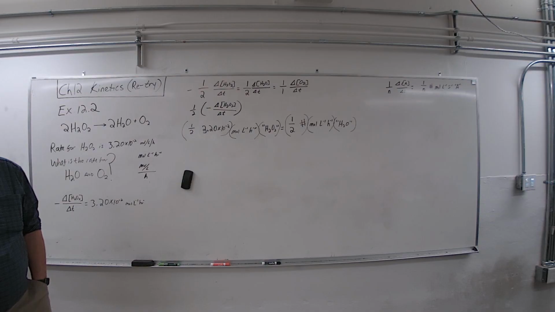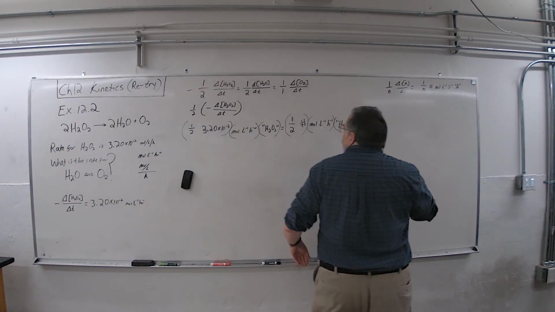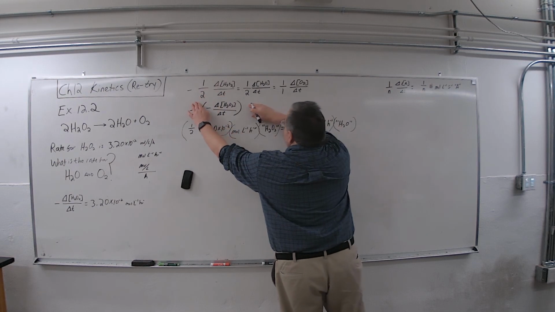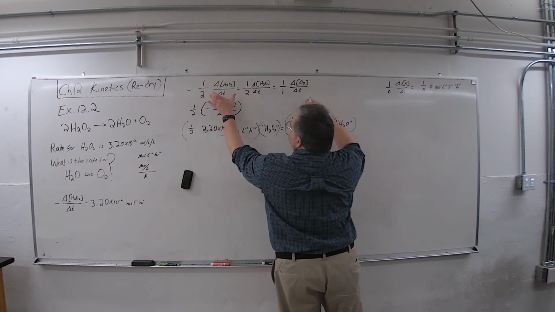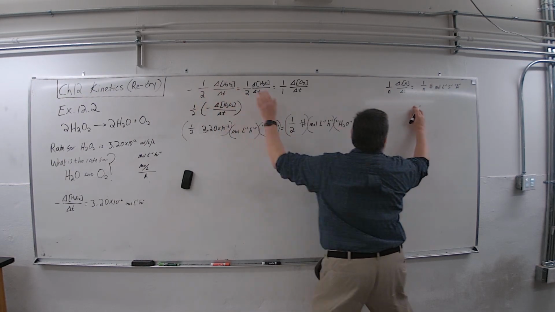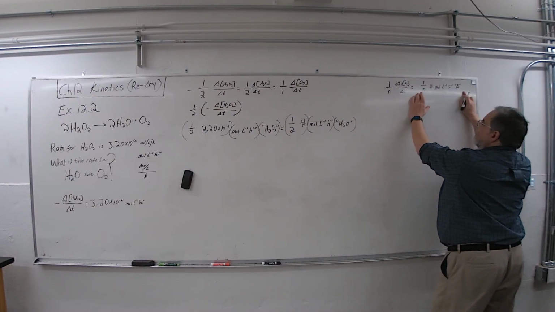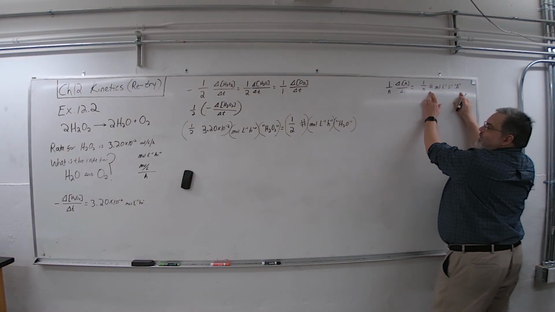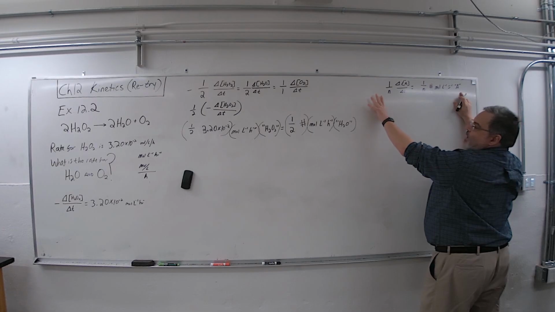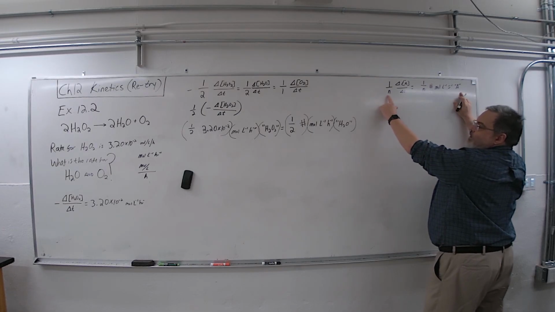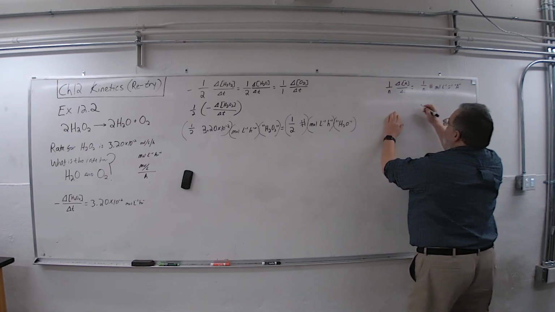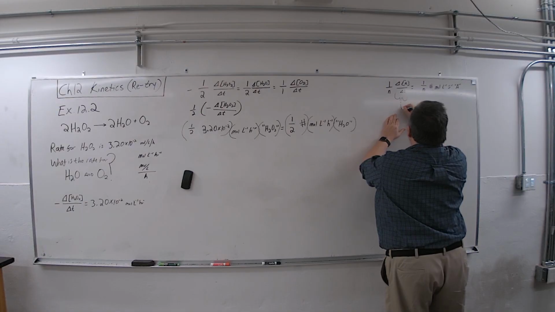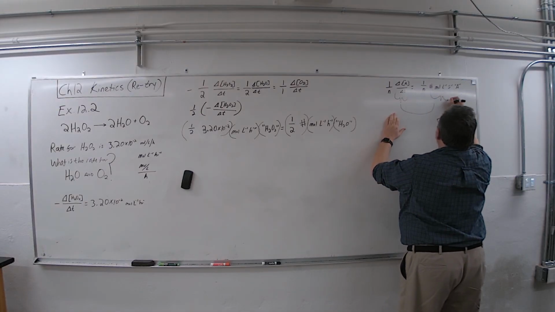What are you doing in the top right again? That's just a general form I'm telling you. This is what the book tells you, and I'm telling you to take this part and turn it into this. You've got that fraction part that came from the coefficient from the equation.